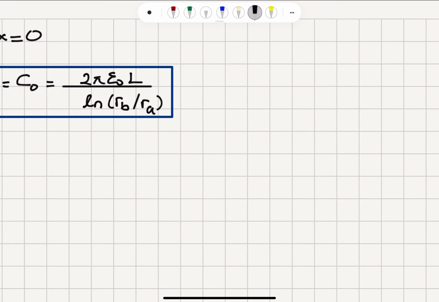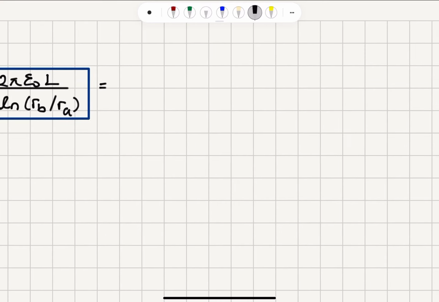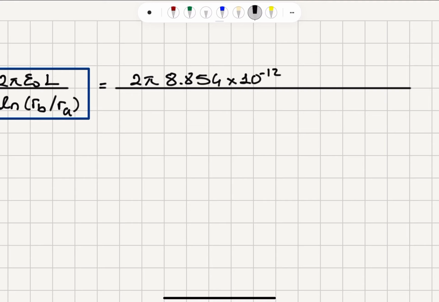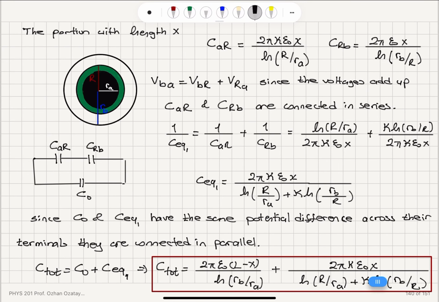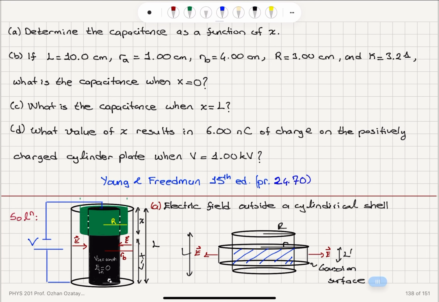And if we substitute the numbers here, let's do that. We have 2 pi times 8.854 times 10 to the minus 12, that's the permittivity of free space. The length is 10 times 10 to the minus 2, 10 centimeters. Let's check that. It was 10 centimeters.